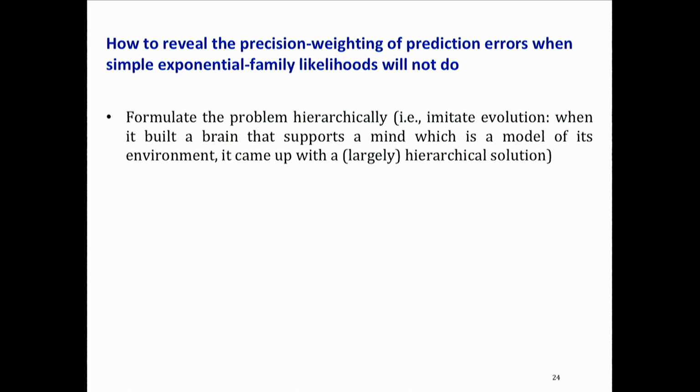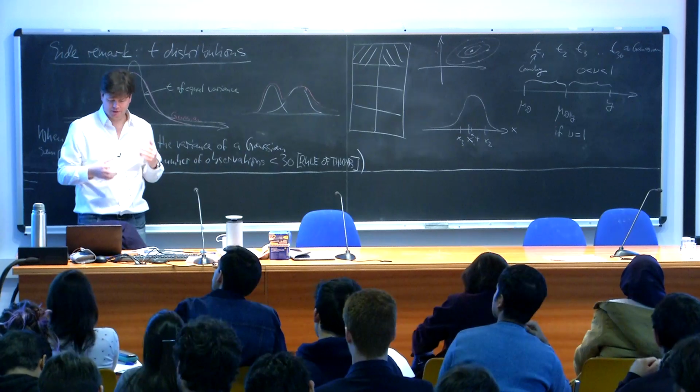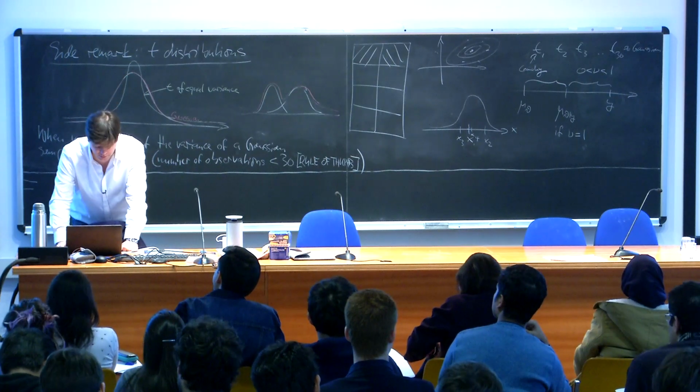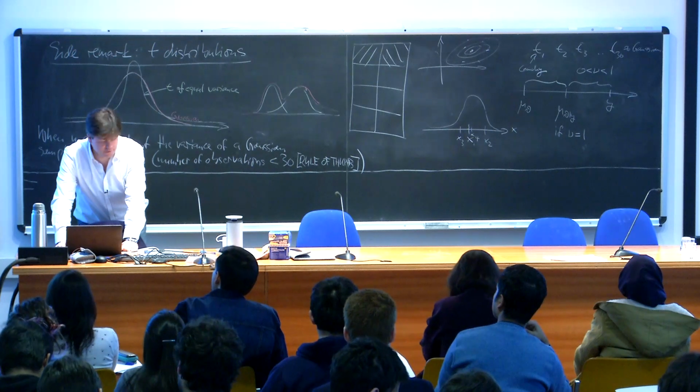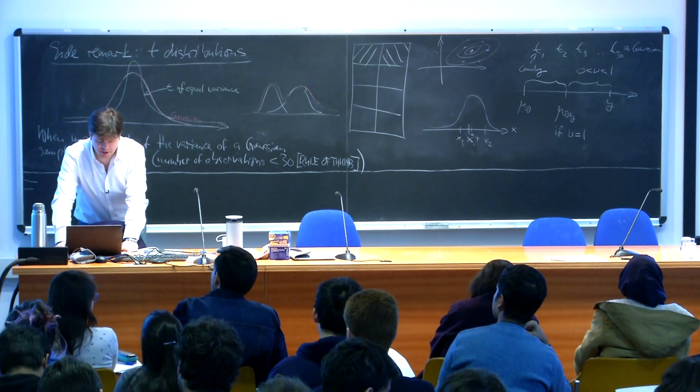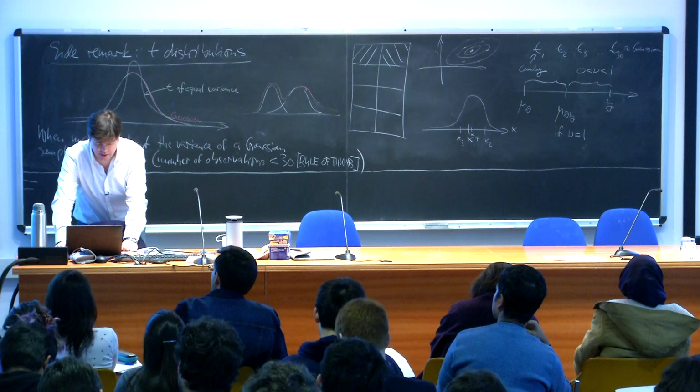Formulate the problem hierarchically, and as we discussed at length, this means to imitate evolution. Because evolution also built a brain that is made up hierarchically. Separate the levels of the hierarchy using a mean field approximation as we learned yesterday.